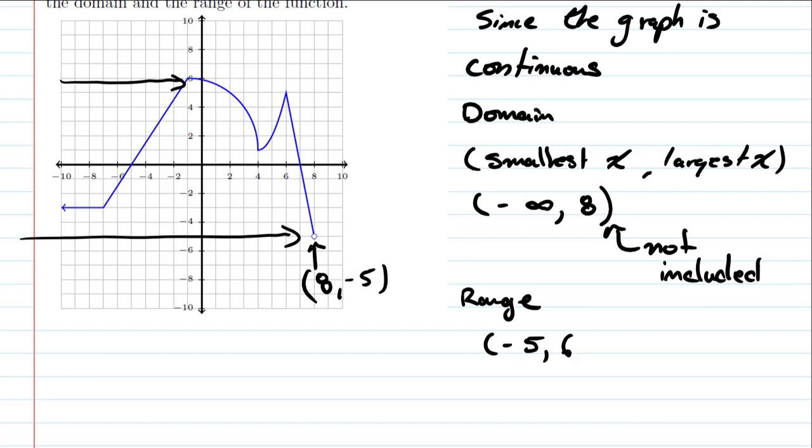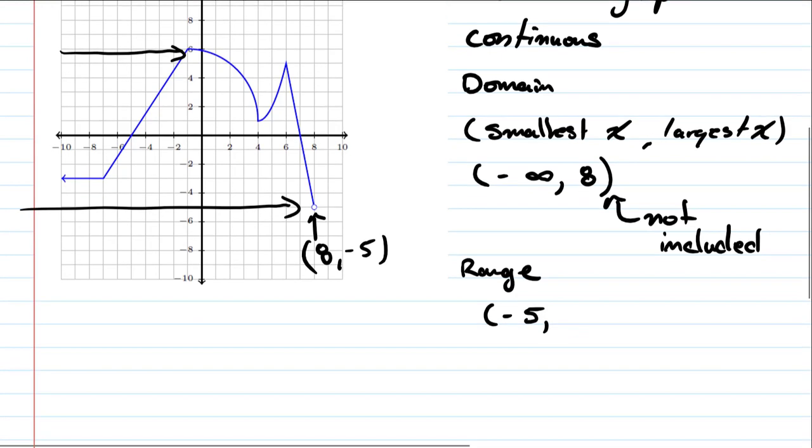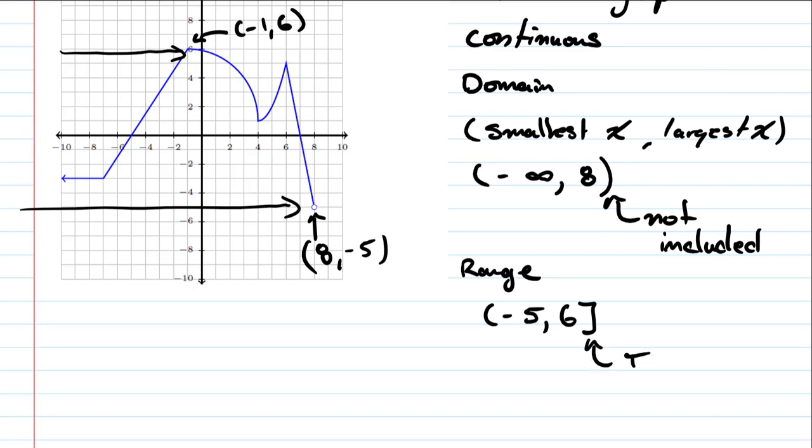But we actually make it to the point at 6 there. So the ordered pair of that point is negative 1, 6. And since we actually make it to that point, we have to include it. So we use the square bracket to say we include that point.